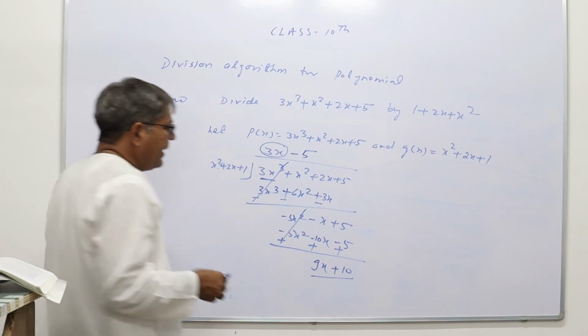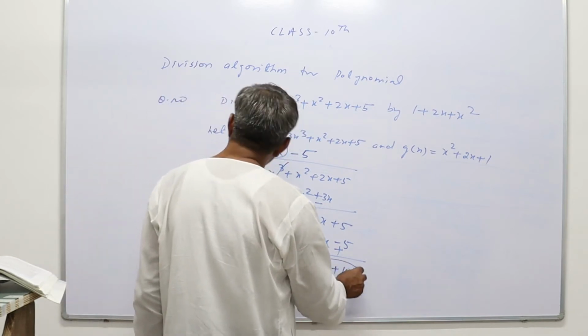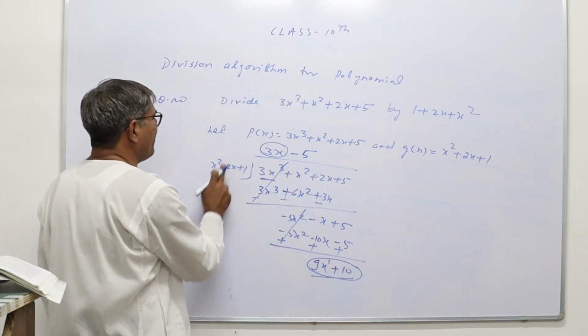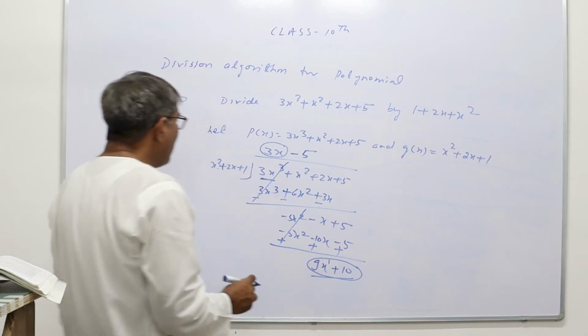Now see, here the highest degree of this remainder is 1, and the highest degree of the divisor is 2. So now division is not possible.